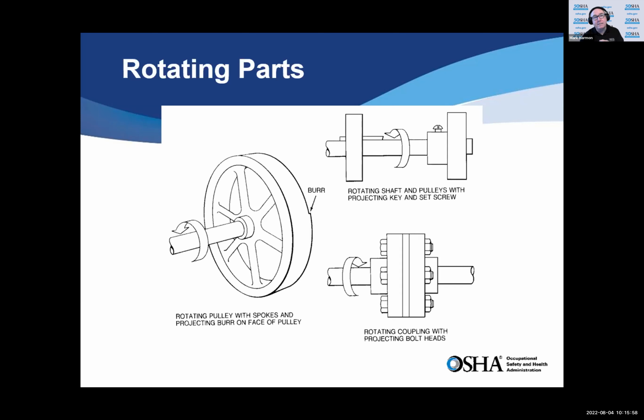We may not necessarily want to pay extra for those guards, but if it's a company that buys this machine, think of a radial arm saw for woodworking. Absolutely. You take that machine and put it in the factory, now have employees using it. That machine needs to have the guards that were required by OSHA regulations. For woodworking equipment in general industry, that would be 1910.213.